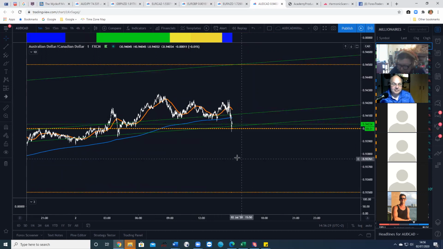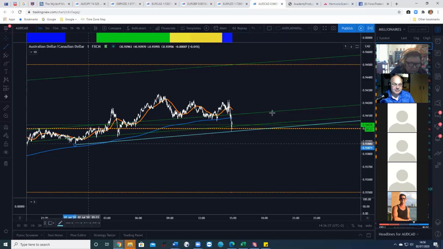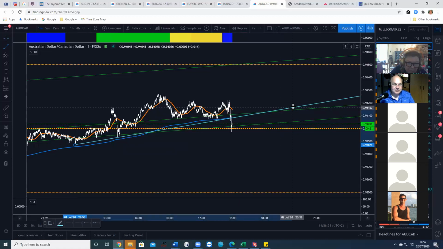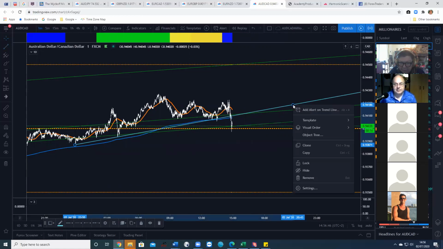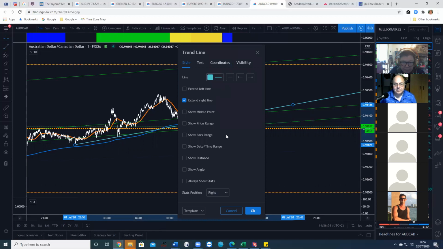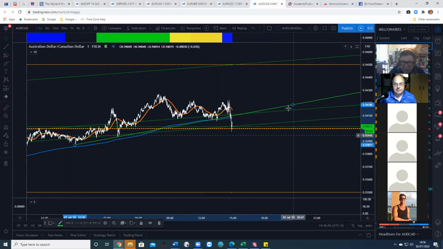So what time are we? Coming up to the hour, so that could be our hourly fake out. If I put a trend line on it, like that. Settings. Except I've done it in green, the same as the other one.